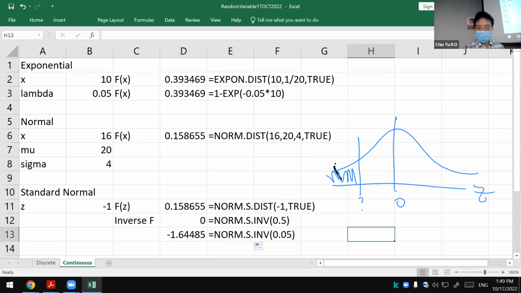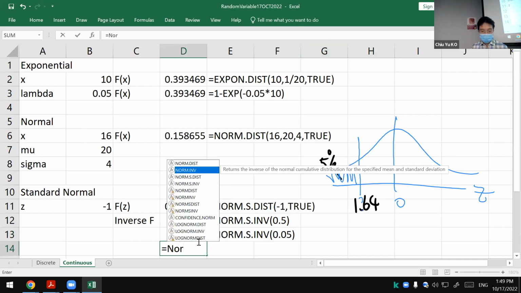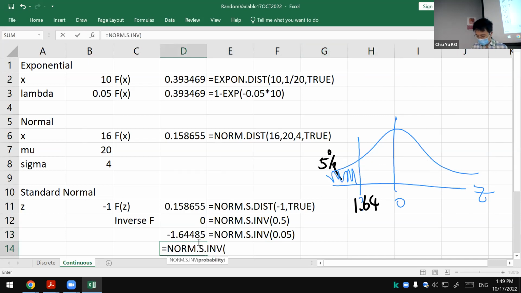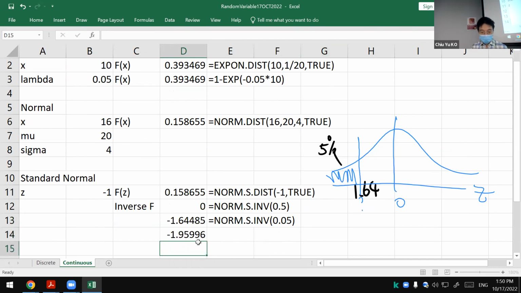So if this area is 5%, this is 1.64. Actually, this number you use very often, as you will see later. And the other number that you use very often is NORM.S.INV of 0.025. This number you also use very often.